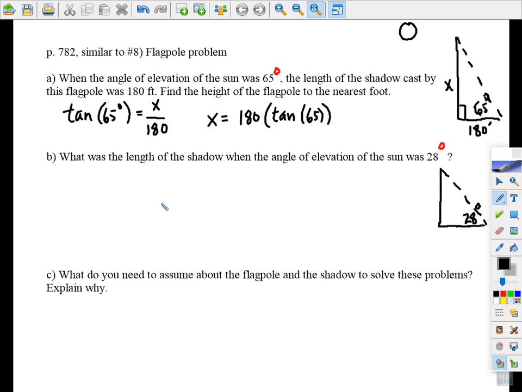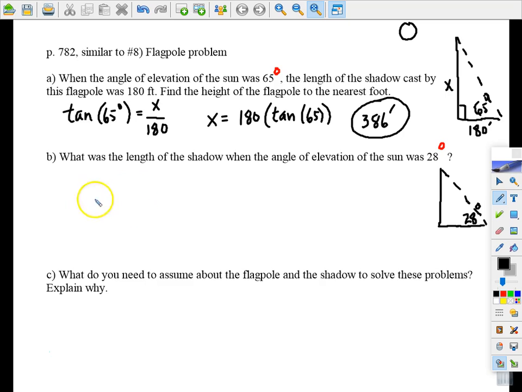Okay, so let's grab our calculator, and I think you can just enter it exactly like I have it written down there. 180 times tan 65, and that's 386.0112457. We're rounding to the nearest foot, so that means 386 feet. Okay, so that would be my answer to letter A.